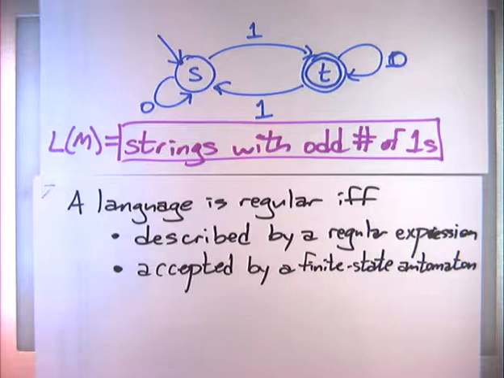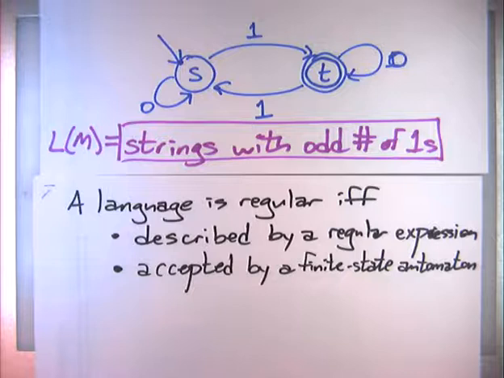Now, different sources disagree on which one of these bullets is the definition and which one is the theorem. Right? I'm going to hark back to Kleene, who defined regular languages as the things that are described by regular expressions, and then proved that those are also the things that are accepted by finite state automata. Lenny will tell you something different.